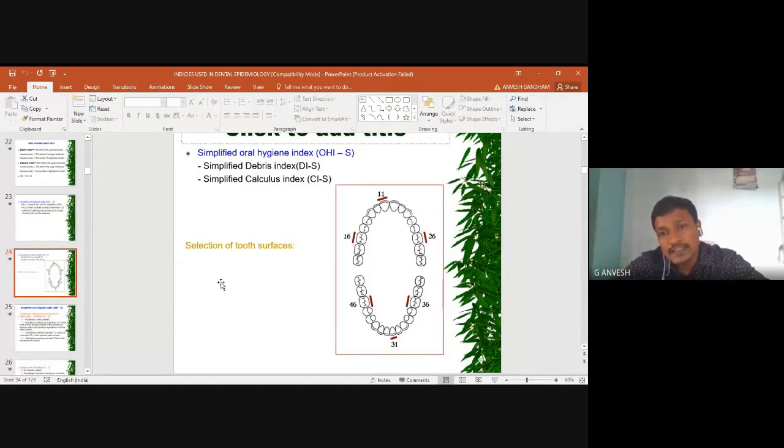Whereas in the simplified index, we measure only the particular intended surface per segment. If you examine that particular surface, it is enough. It is not required to examine both the buccal and lingual surfaces.